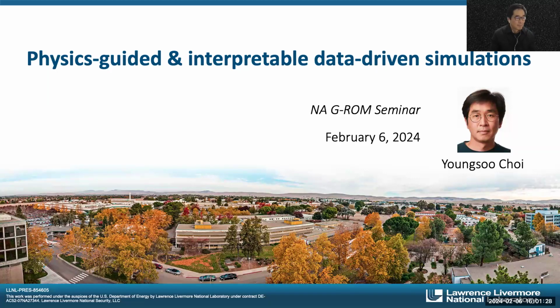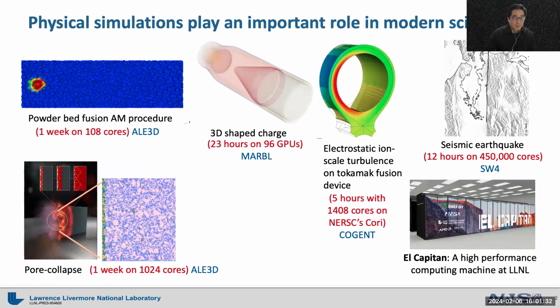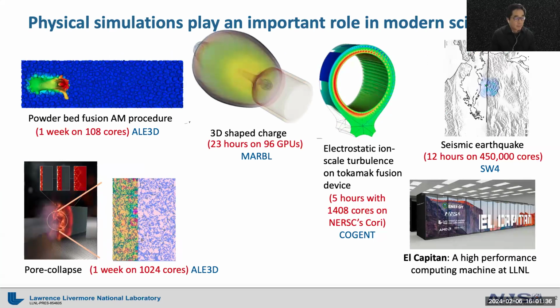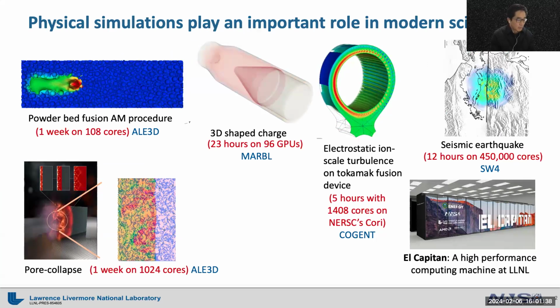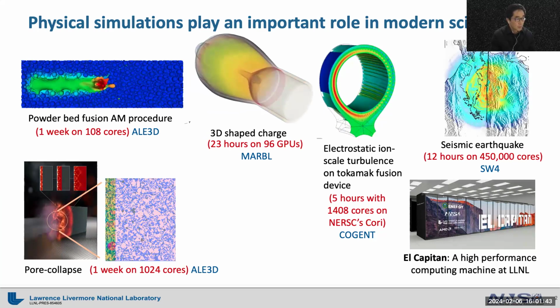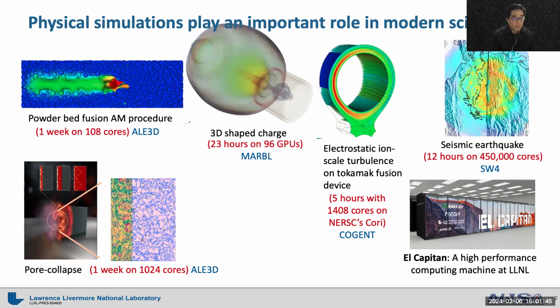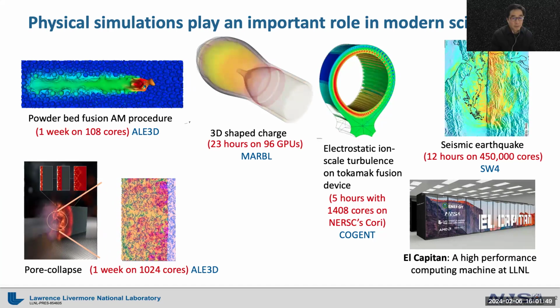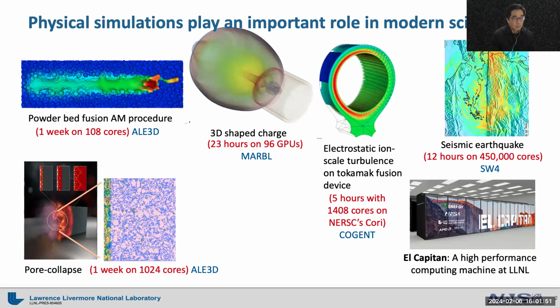All right. So why do we want to develop data-driven approaches for physical simulation? There are so many physical simulations which play an important role, but unfortunately, they are computationally expensive depending on the complexity of your model.